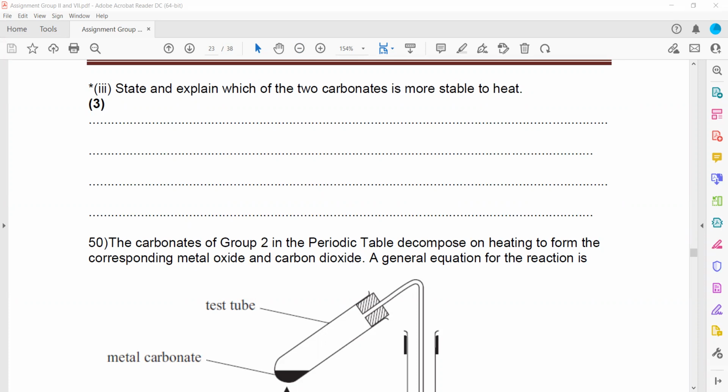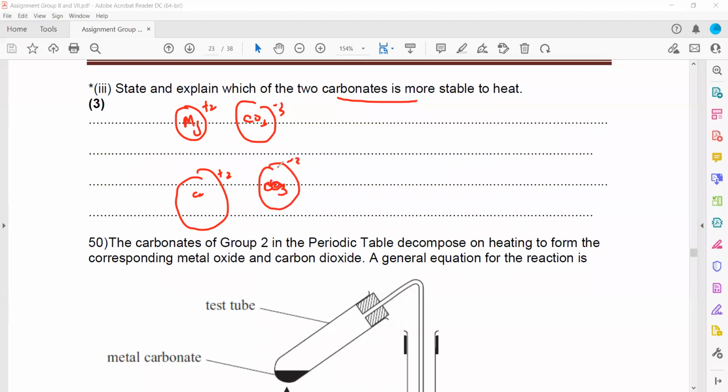But in the context of the question, you have to tell which of the two carbonates is more stable, in terms of magnesium and calcium. We expect thermal stability to increase as we go down the group. And the reason is that as we go down the group, the size of the positive ion increases, so the charge density is decreasing.